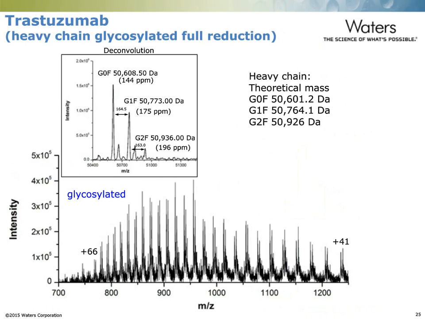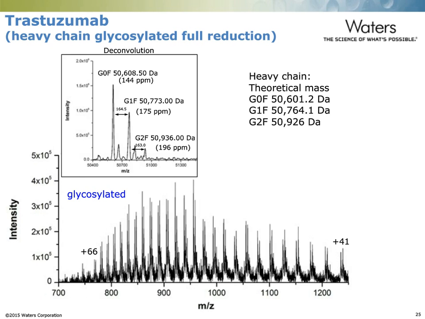We then move on to something on a larger scale, something very large. We often get asked, what's the largest peptide or largest species that you can analyze on the QDA? Shown here is a fully reduced heavy chain glycosylated peptide.